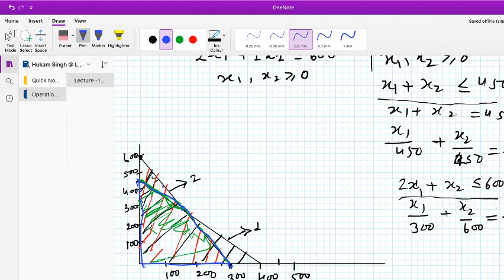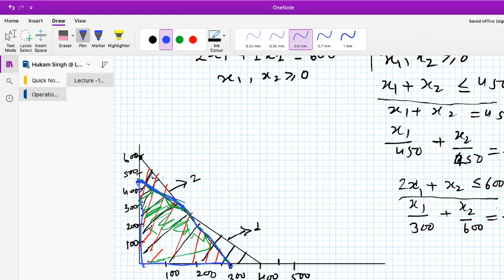So according to one algorithm, the optimal value of the objective function, whether it's minimum or maximum, can be found on the boundary or the corners of the common region.